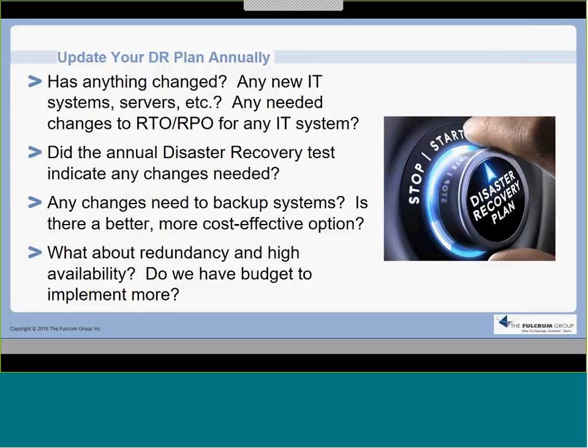Maybe business has grown, and now an outage costs you several times as much as it did last year. When you did the recovery test, did that indicate any changes were needed?